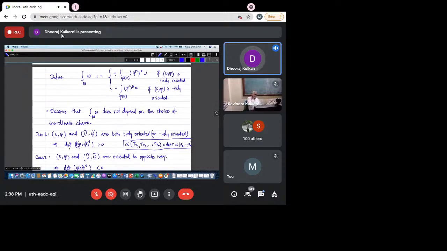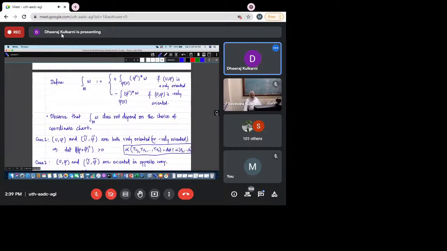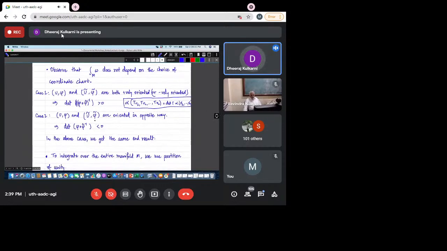Important thing is the sign, because we know that under the change of coordinates formula, the integral is not going to change. So only thing that can change is possibly a sign. But we see that here the determinant, this is going to be an orientation preserving map, the change of coordinates. So therefore, integrals will have the same sign, and therefore we are done. Same thing happens if both the charts are negatively oriented. So the difference of sign comes from the determinant of the differential of the change of coordinates.